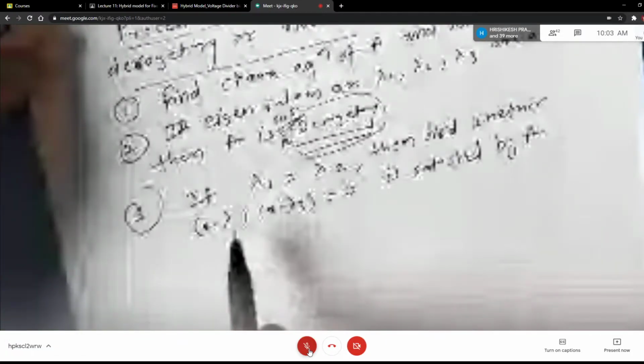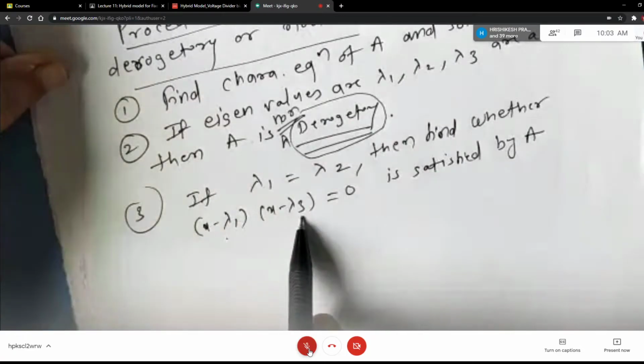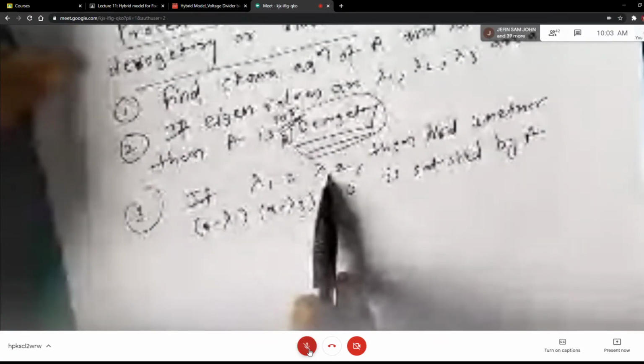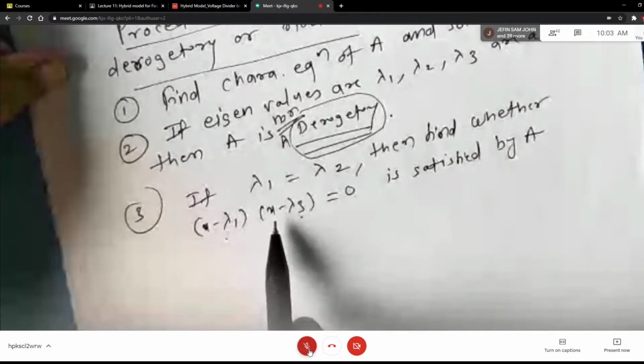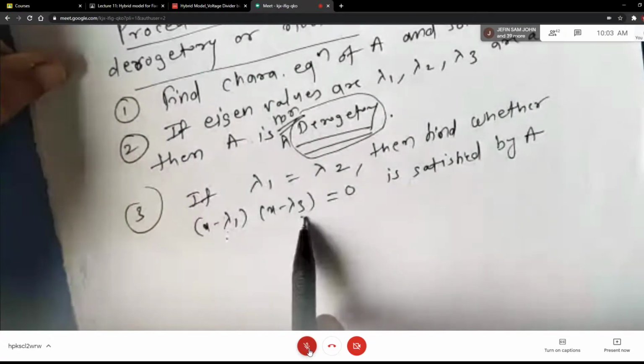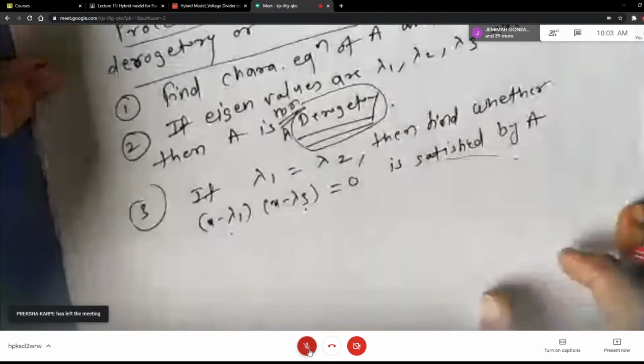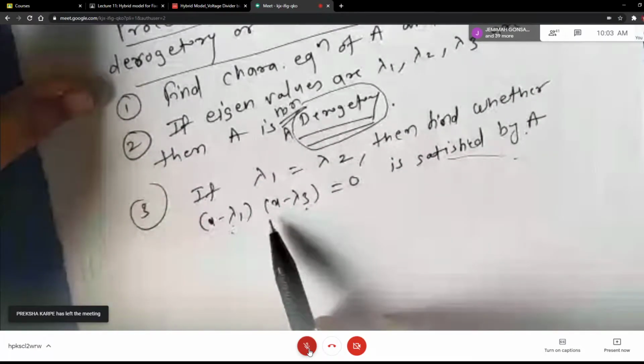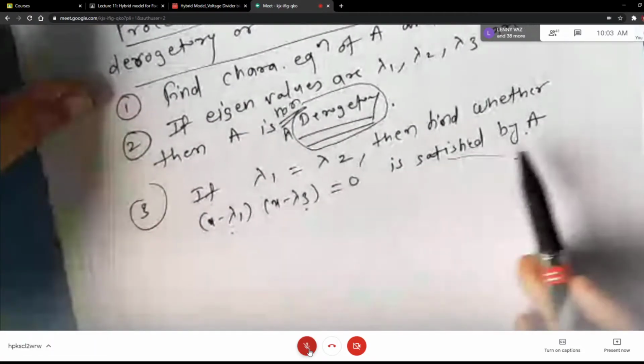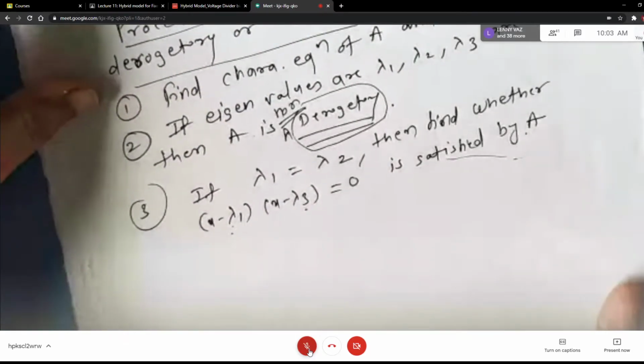In one factor I am taking lambda 1. I am not taking lambda 2 because lambda 1 will take care of lambda 2, since they are repeated. So I am taking the other eigenvalue, and if this equation is satisfied by matrix A, means what? Like the Cayley-Hamilton theorem, if I replace x by A, I should get the null matrix.